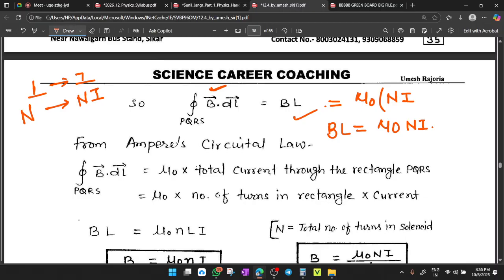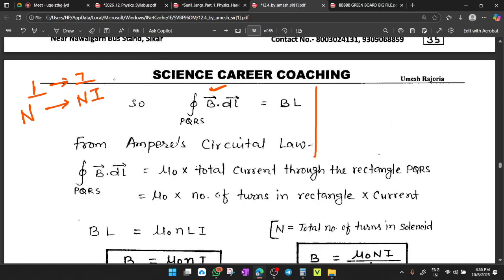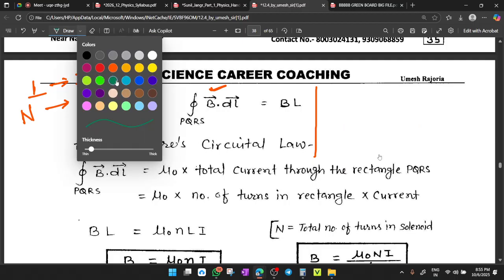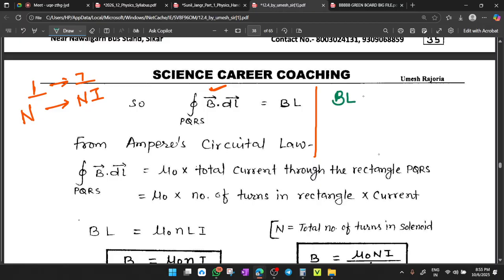Student, see here, we have calculated the total B dot dl integration equals BL, and by Ampere's circuital law, B dot dl equals mu naught multiplied by the total I enclosed. We have to find the I enclosed, the total amount of current. Check there: in a unit length there are small n turns.